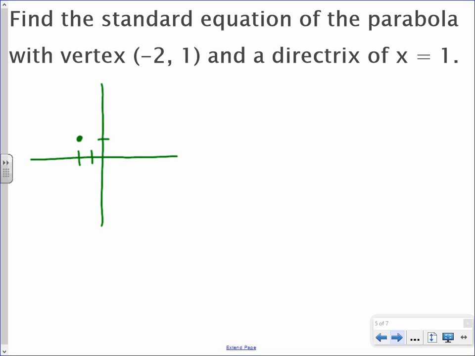So negative 2, 1 is our vertex. And x equals 1 is our directrix. Nicole, which direction would this open? Down? Like this?